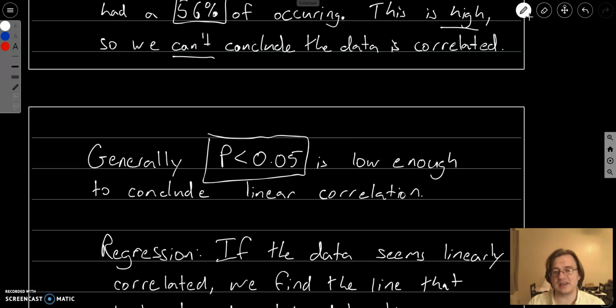If P is bigger than 0.05, you can say, well, it could have just randomly happened that we got the data that we did. So we need a p-value of less than 0.05 to be able to say the data is linearly correlated. Any bigger, we can't say that.